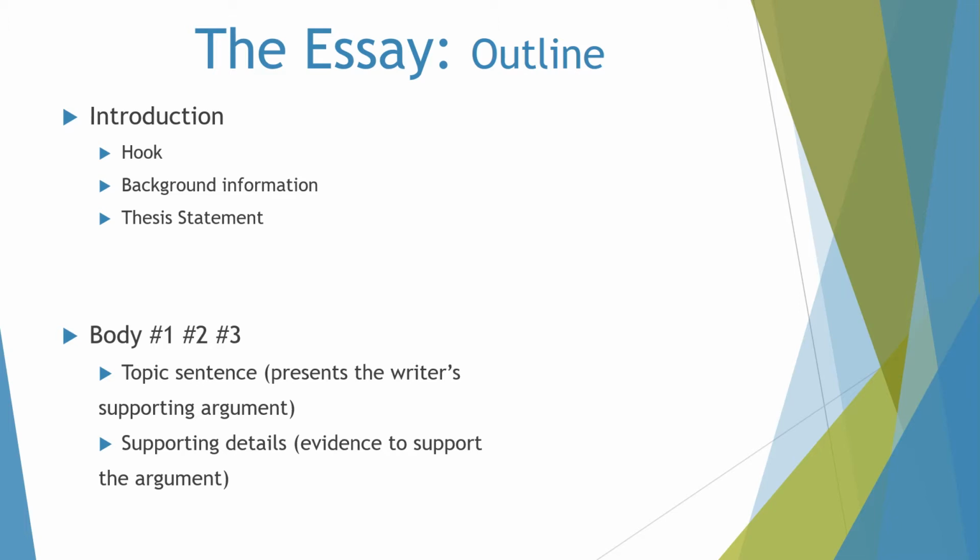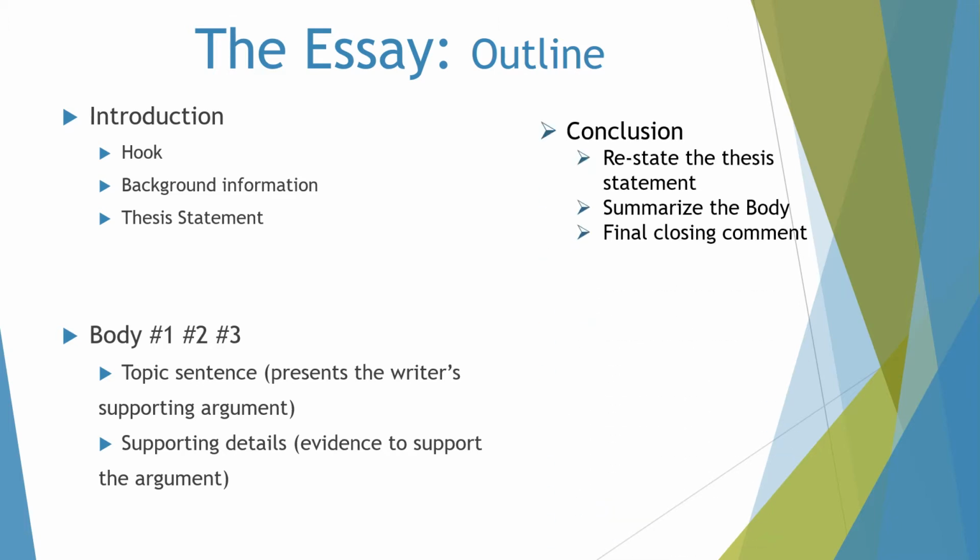They have a topic sentence, which presents the writer's supporting argument. And then there are supporting details, and that is going to be some evidence to support the argument. The conclusion will restate the thesis statement, summarize the body, and then we will have a final closing comment.